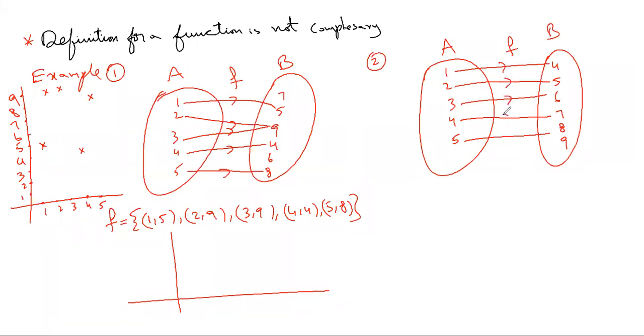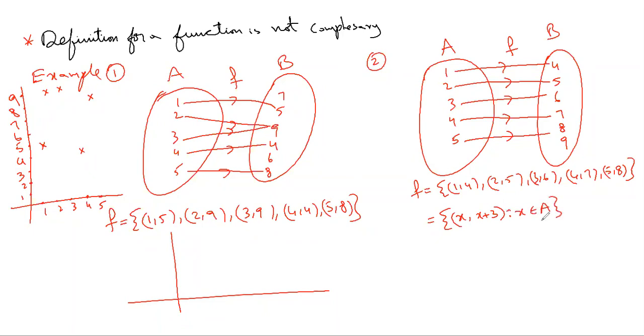I can write the ordered pairs (1,4), (2,5), (3,6), (4,7), (5,8), and I can also write this in the set builder form: (x, x plus 3) such that x belongs to A. Or I can write (x, y) such that y equals x plus 3 and x belongs to A. That's also fine.